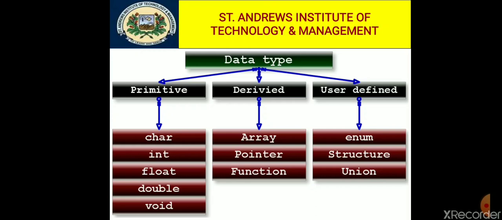Last one is union. What is union? Union data type is similar to a structured data type, except that it has the union keyword instead of struct, and the main difference between union and structured data type is in terms of storage. Otherwise all features have the same aspect.